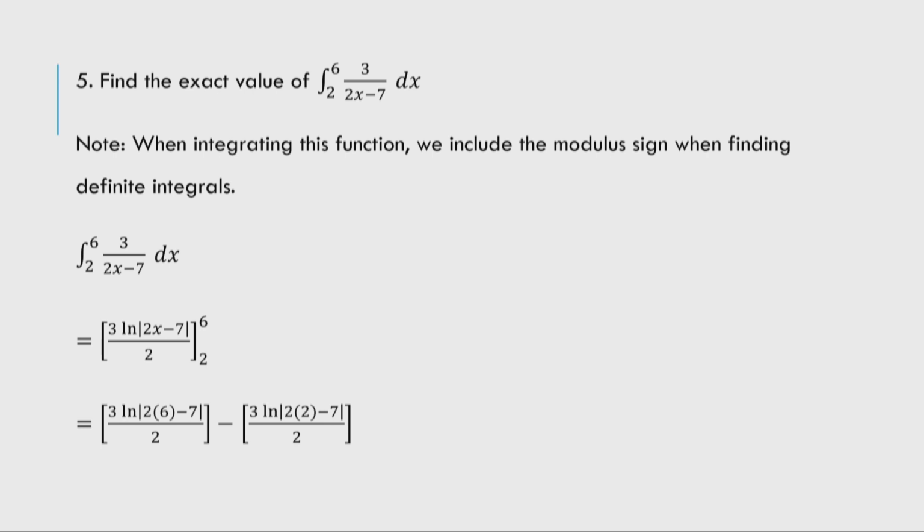Substituting the limits, we get 3 ln modulus of 2 multiplied by 6 minus 7 over 2 minus 3 ln modulus of 2 multiplied by 2 minus 7 over 2. Simplifying, we get 3 ln modulus of 5 over 2 minus 3 ln modulus of minus 3 over 2.